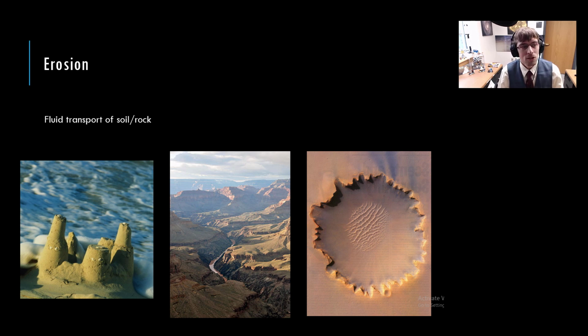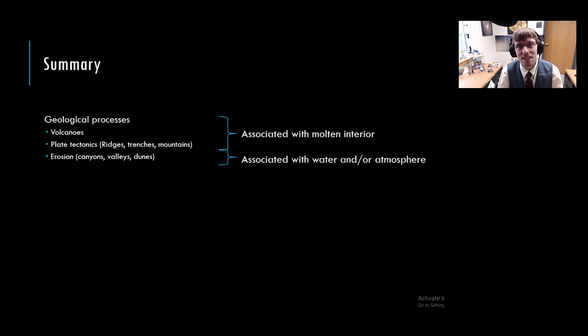So in summary, we've got a couple of geological processes. We've got volcanoes. We've got plate tectonics, which give us ridges, trenches, and mountains. And then we have erosion, which can give us things like canyons, valleys, or dunes. The first two are associated with the molten interior of the Earth.